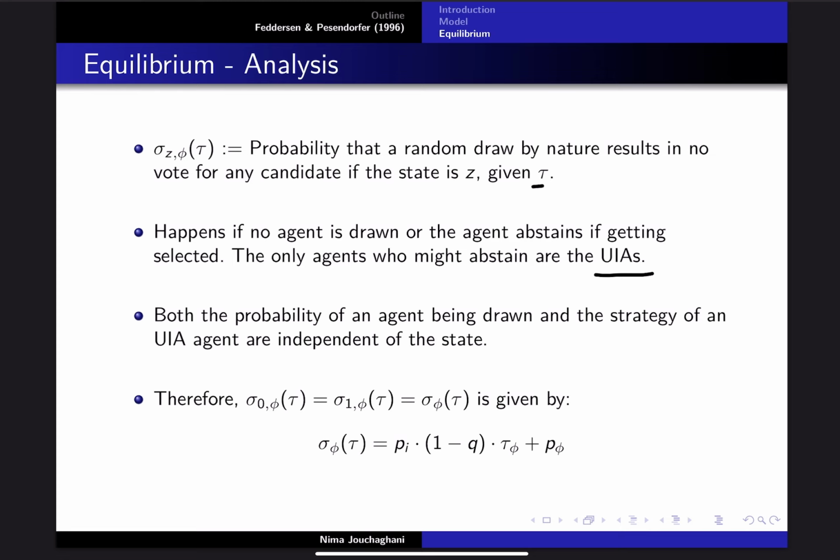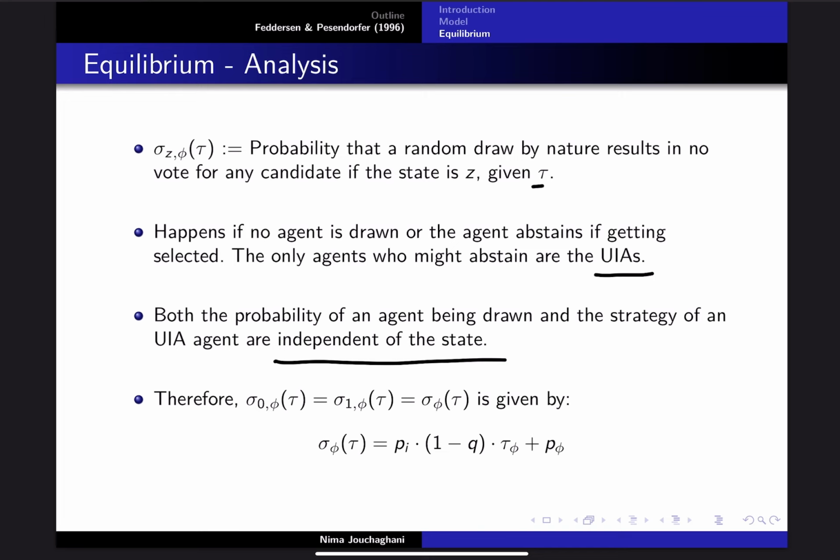The thing here with respect to this probability is that both the probability of an agent being drawn and the strategy of an uninformed independent agent are independent of the state itself. The probability of an agent being drawn is simply an exogenous variable, and the strategy of an agent cannot depend on the state because the uninformed independent agents do not know the state.